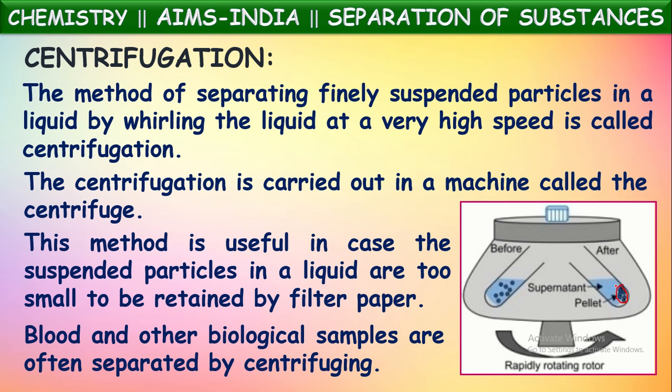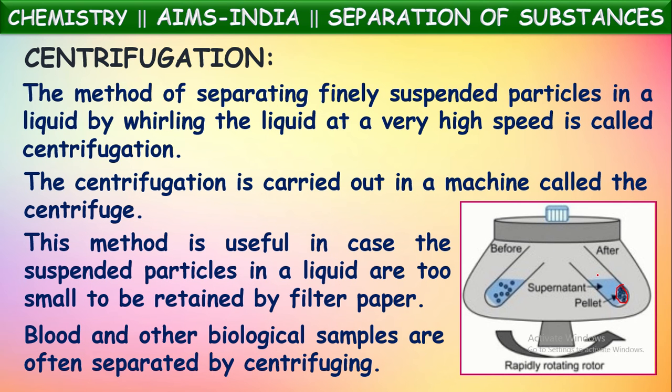Blood and other biological samples and even milk are often separated by using centrifuging. The fat particles present in the milk and the different particles present in the blood will all be separated by using these centrifuges. What they do is take some quantity of milk into these test tubes and keep them in the centrifuge.